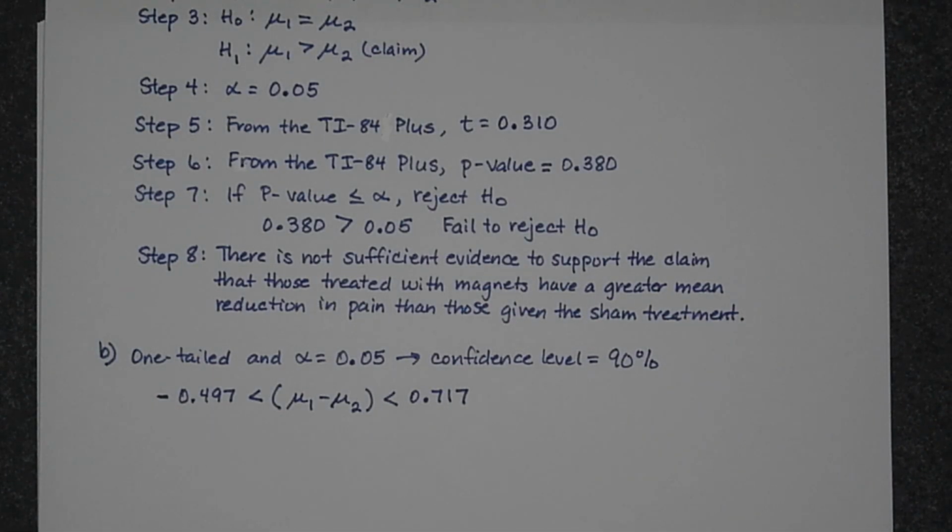And as you can see, this confidence interval does contain 0 because one is negative, the other is positive, so 0 is in that interval.